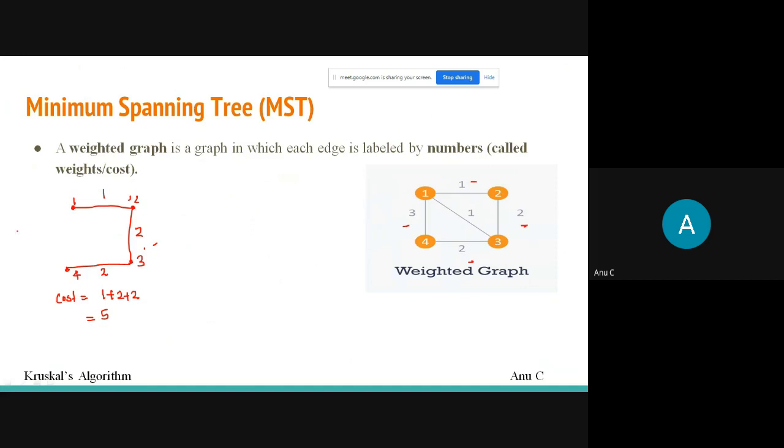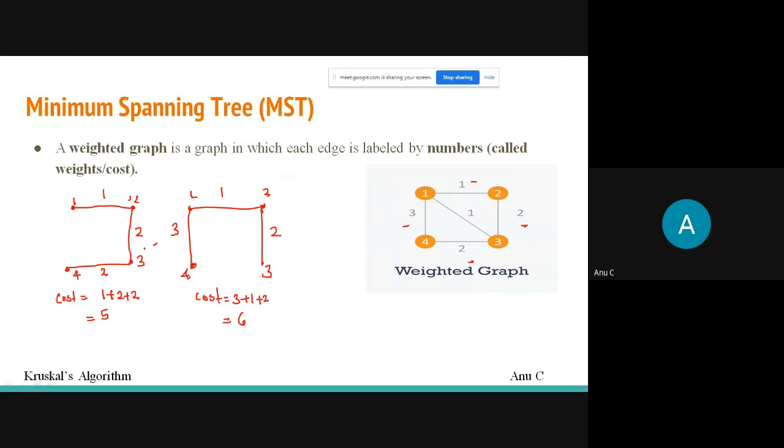The next I will take another spanning tree from this graph, that is 1, 2, 4, 3, with weights 1, 3, 2. Then cost is 3 plus 1 plus 2, which is equal to 6.